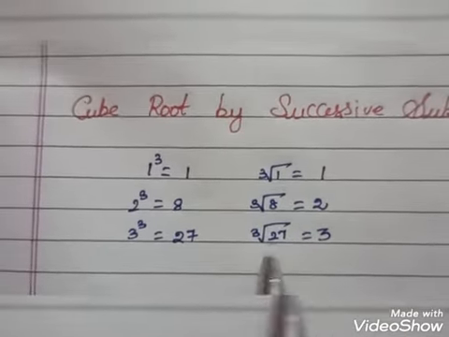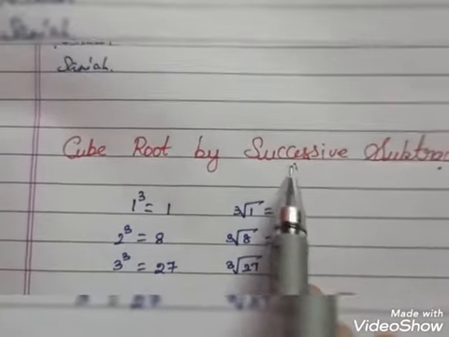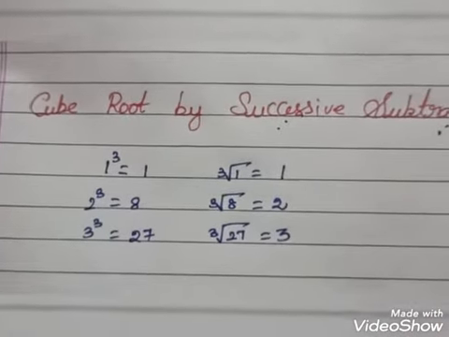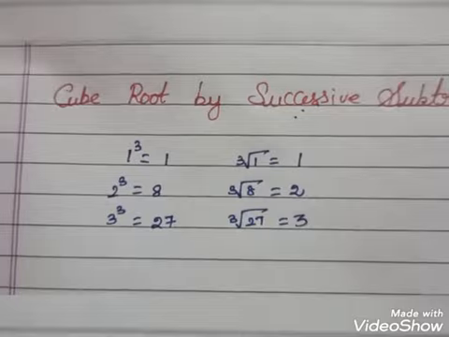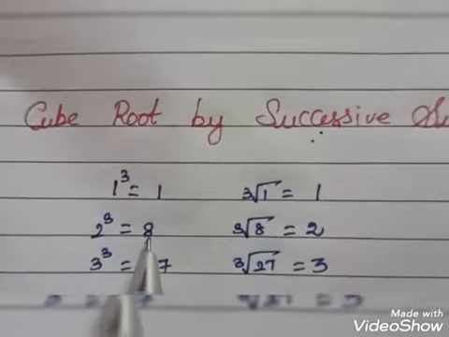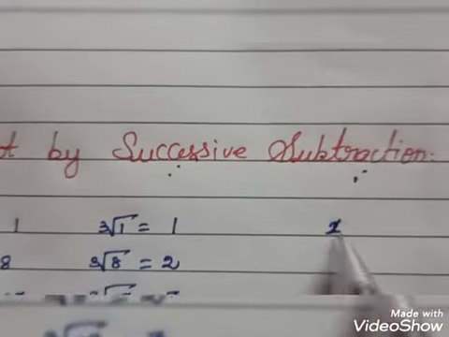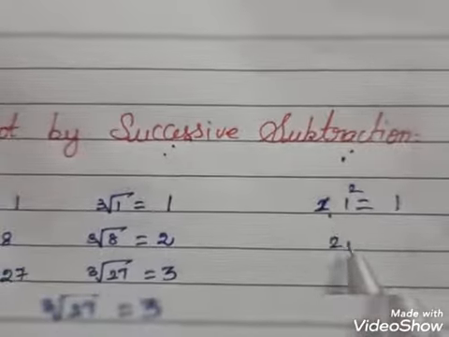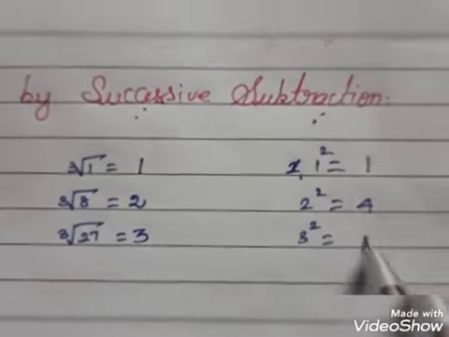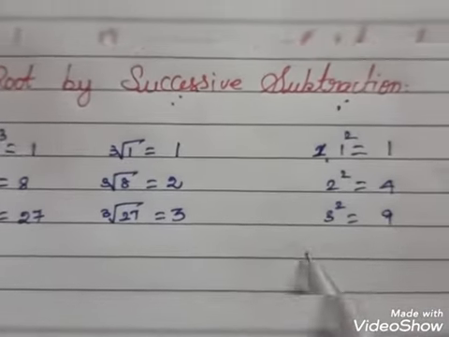So what is the combination? Here we have successive subtraction. Successive subtraction means you need to subtract the next value, that means higher one minus lower one. Before that, take squares for example: 1 square is 1, 2 square is 4, 3 square is 9.